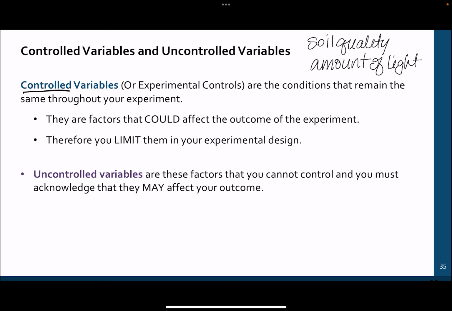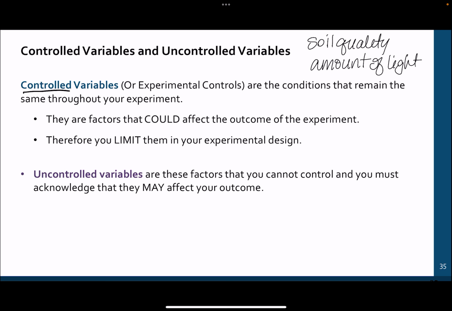An uncontrolled variable is a factor that could affect the outcome of the experiment, but you either cannot control or for one reason or another choose not to control. So you have to acknowledge that those may have affected your outcome.